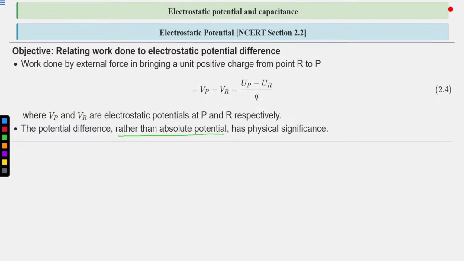Absolute potential at any point has no significance, because potential and potential energy both depend upon the reference we are taking. We are taking zero potential at the surface, at the center, at infinity. It depends on that reference. But the potential difference has physical significance. It remains constant. It is independent of the reference chosen.